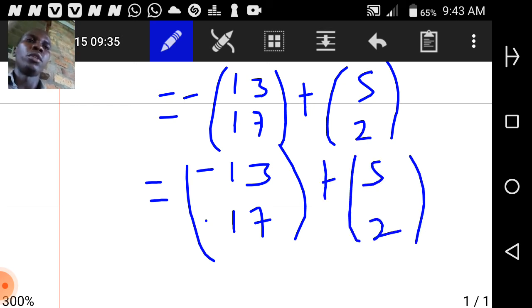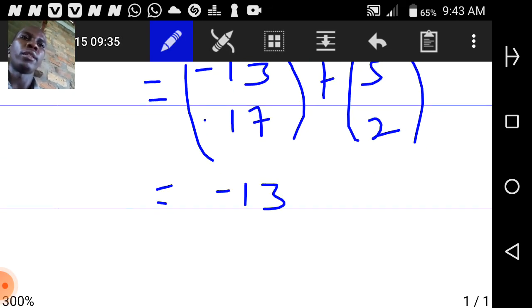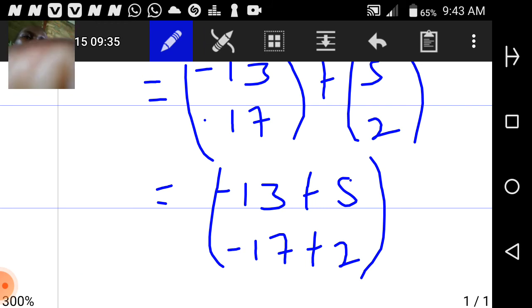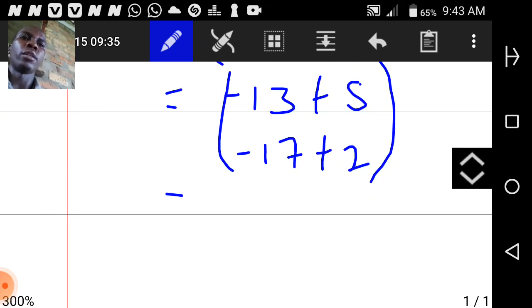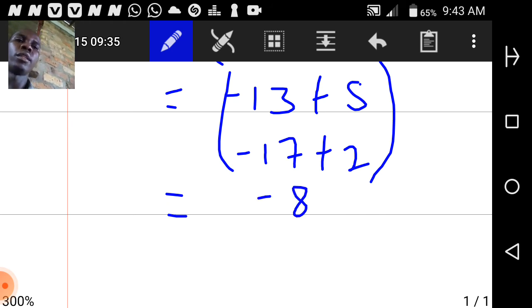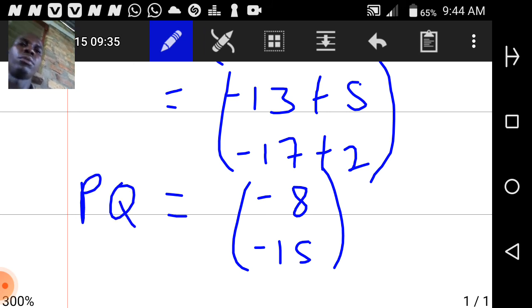We can create a single bracket: negative 13 plus 5, then negative 17 plus 2. Negative 13 plus 5 is negative 8, then negative 17 plus 2 is negative 15. So the whole of this is our PQ.